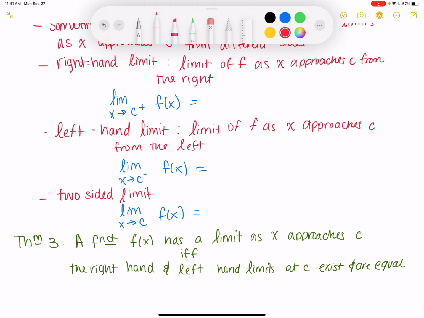So this would be something like the limit as x approaches c of f of x is equal to L if and only if, remember that's what the two-sided arrow is for. The plus and the minus signs are superscripts. Yeah.